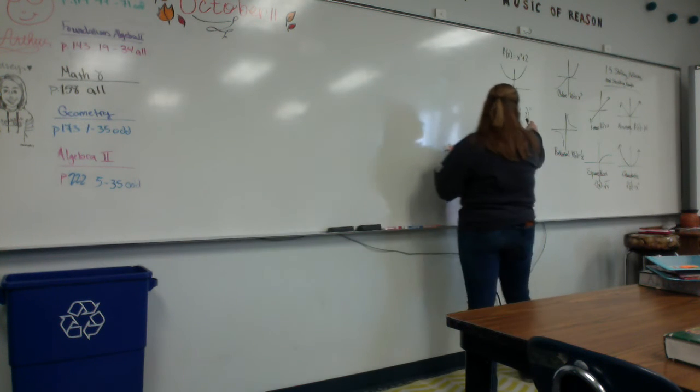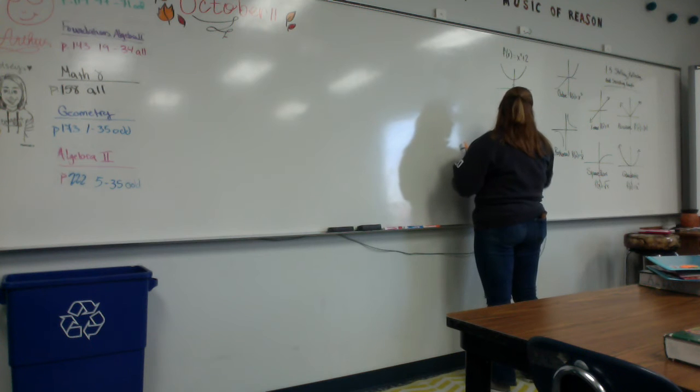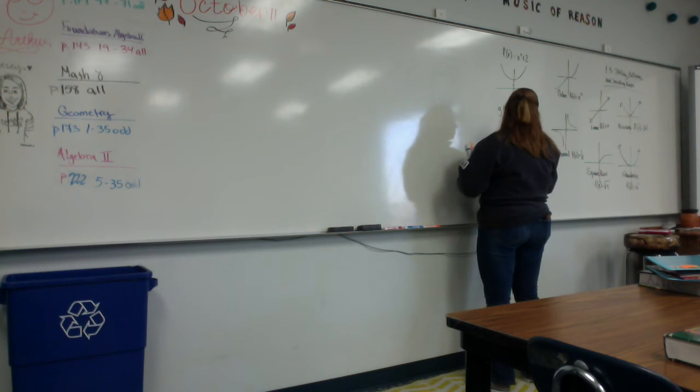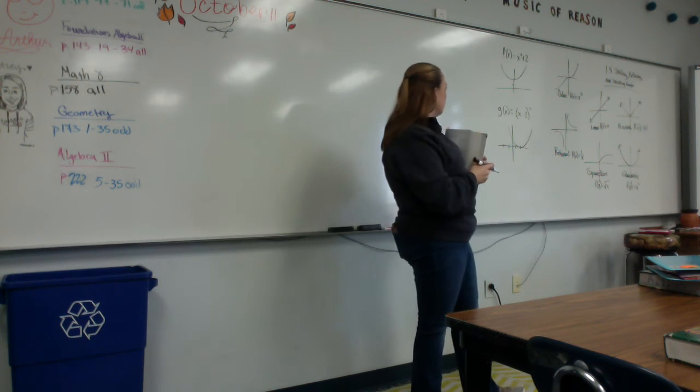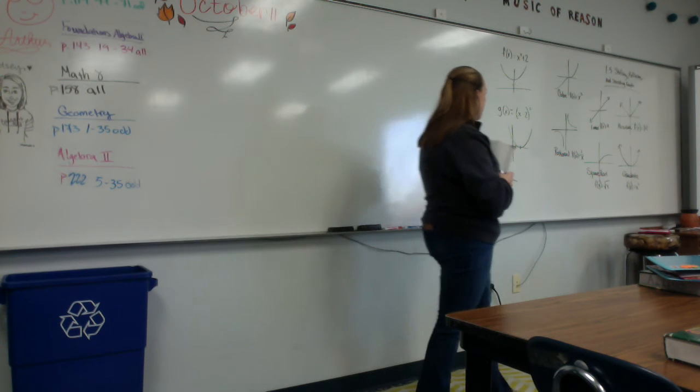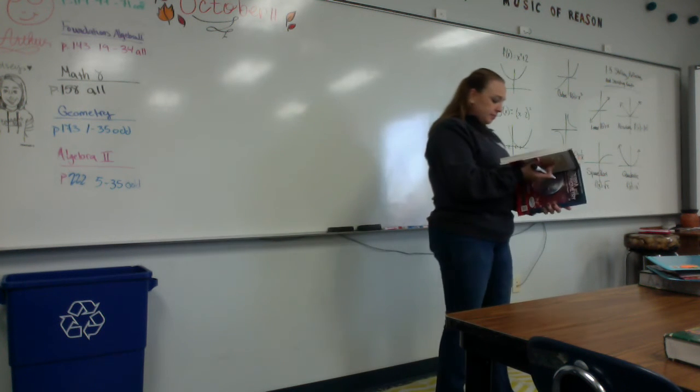What does this 2 tell me? Not down. It's going to move to the left or to the right 2. It moves opposite of what that sign is. So instead of starting here, it's going to start here. We're going to do a lot of these little rough sketches today and in your homework.